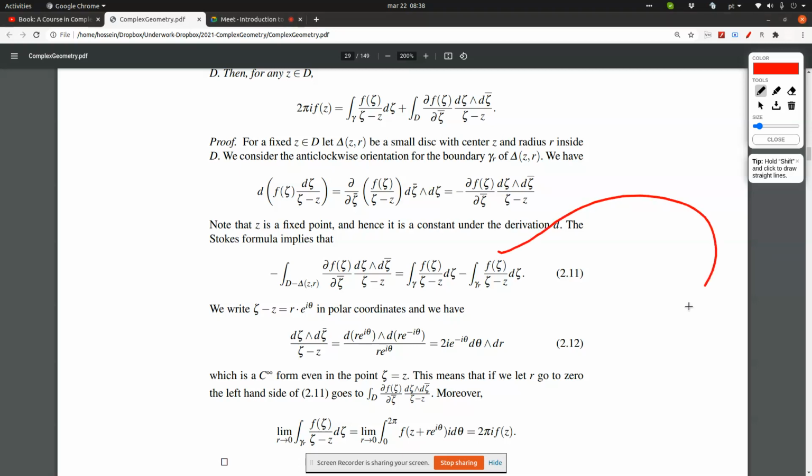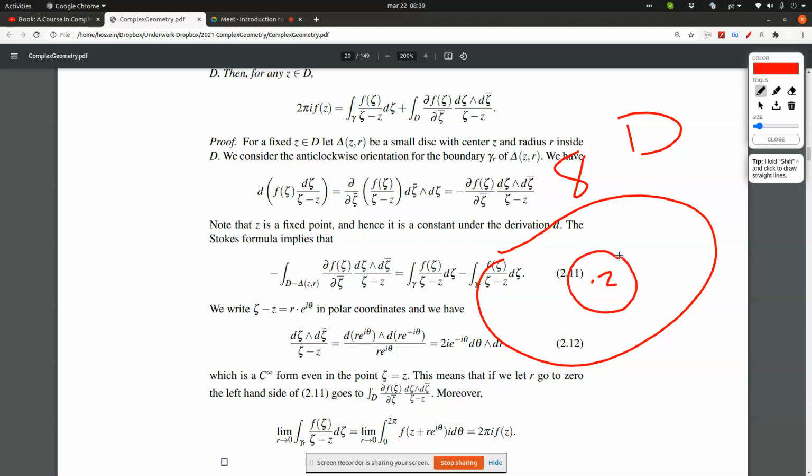Basically, what you do, you have your domain D, you have your gamma, you fix z inside your domain. You fix a very small disc, also oriented anti-clockwise, and you start integrating.